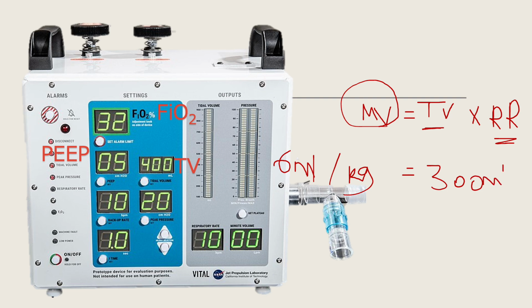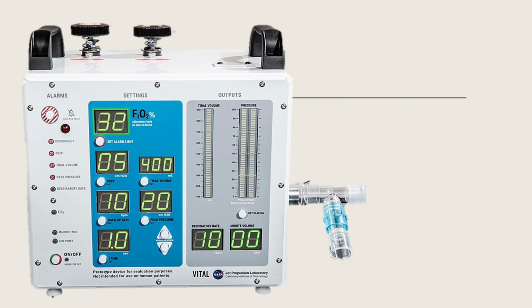Okay. Now, how fast would you give them this volume? That's the respiratory rate, which is typically maintained at 10 to 12 breaths per minute. Okay. So this way, we're just setting up the ventilator to simulate the real normal respiration.